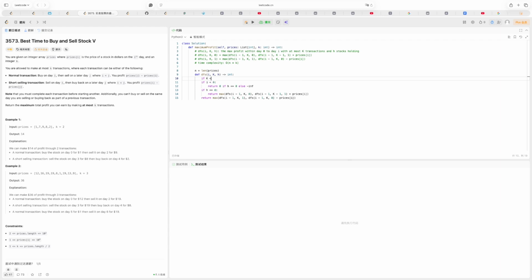So when k is smaller than 0, no matter what i is, whether it is negative or any other number, or whether h is holding 0 stock or 1 stock, whenever k is negative, we should return invalid.